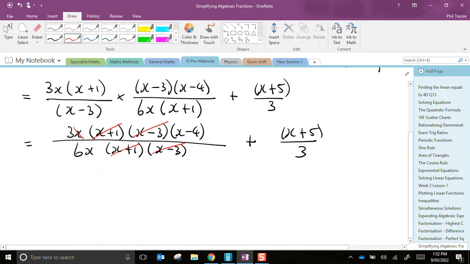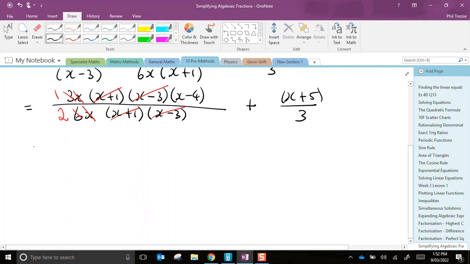I can even cancel the x with itself, and I can say 3 goes into itself once, 3 goes into 6 twice. So I have a much simpler looking problem now. The numerator is 1 times x take 4. The denominator is 2. Added to x plus 5 over 3.